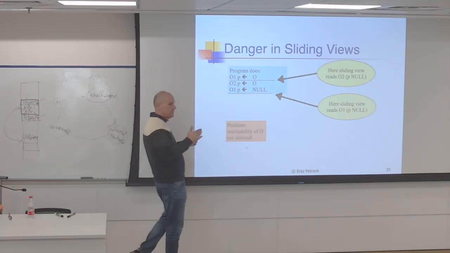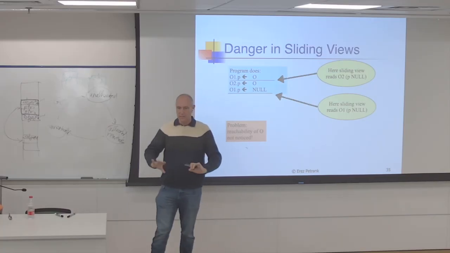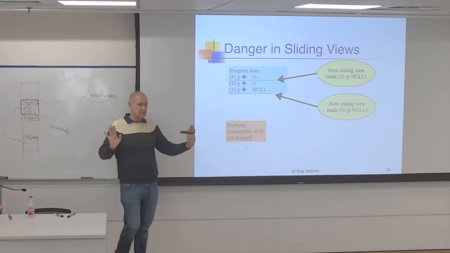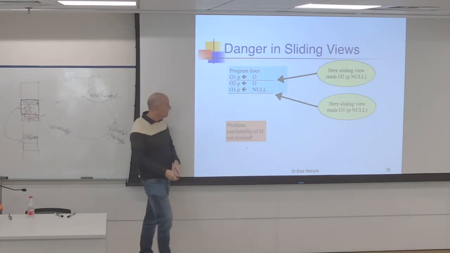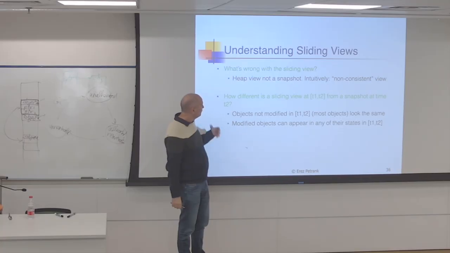So I need to do something in order to make it work. I cannot just take a sliding view and say, let's trace it, and what I see there determines what is reachable. So what's wrong? We want the snapshot.